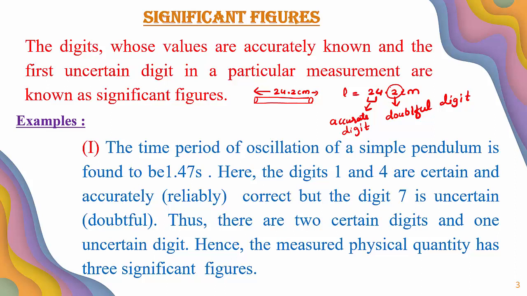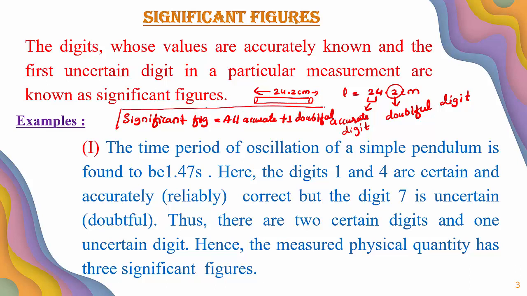Now, significant figure means all accurate digits plus one doubtful digit. All accurate digits plus one doubtful digit, that gives significant figures.